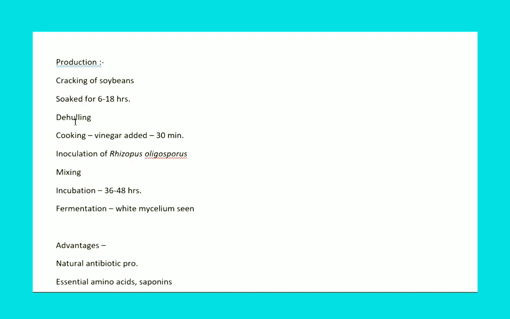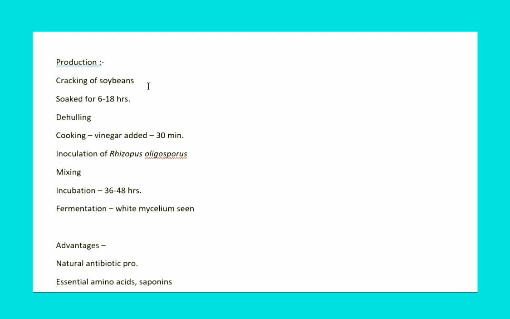So you will cut down this dehulling step if you already have dehulled soybeans. Soybeans are cracked in half by a grain mill, and industrial tempeh producers normally buy dehulled soybeans because it doesn't consume so much time.